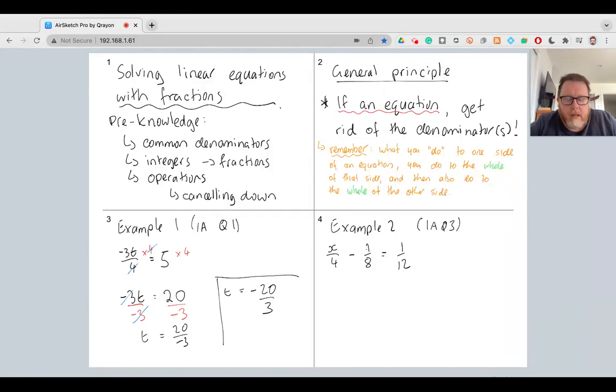Don't do that. Instead, what you do is you go along every single part of the equation that has a fraction and ask yourself, what's the lowest common denominator for these 3 denominators in this instance?